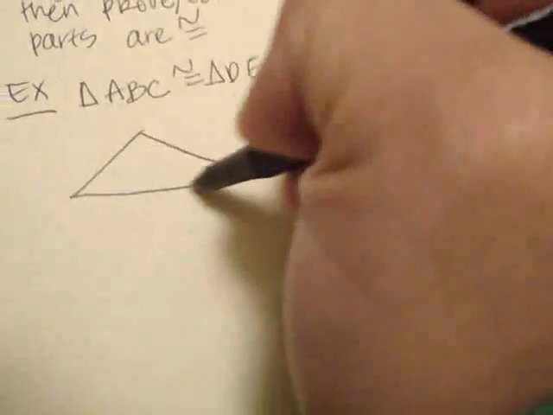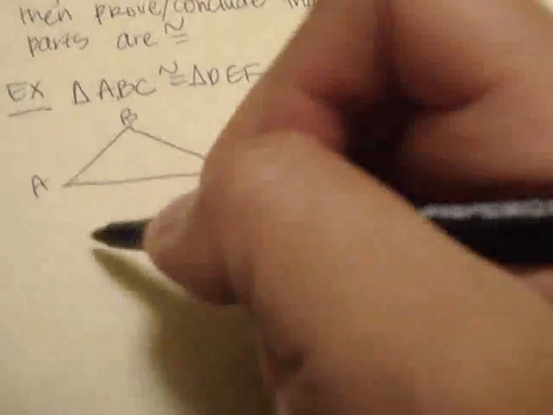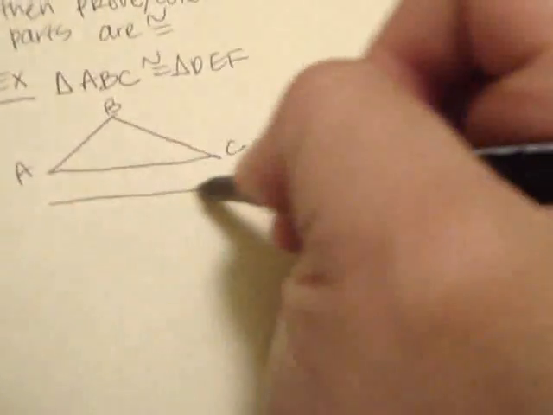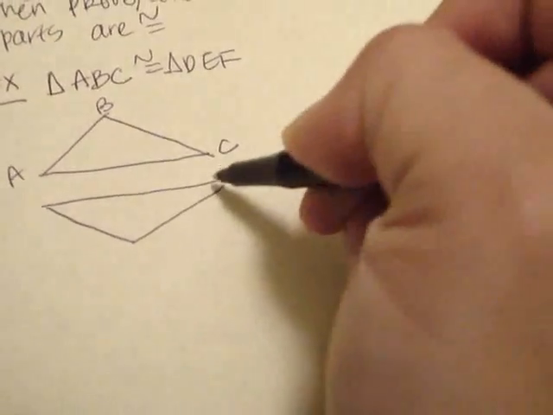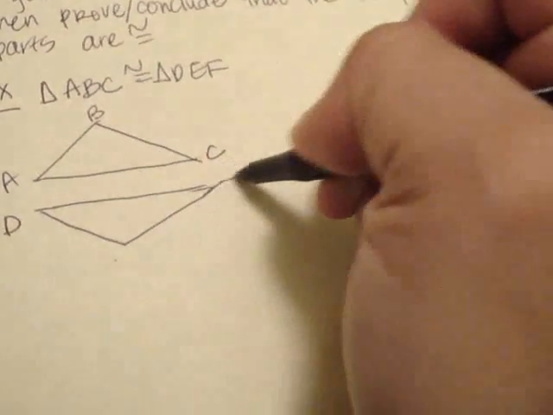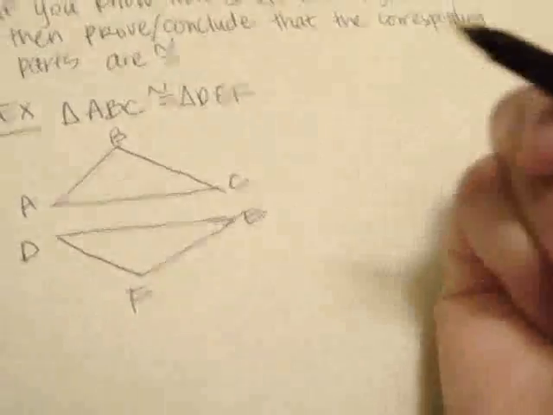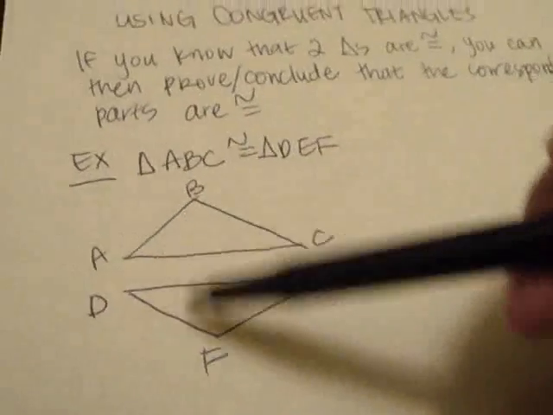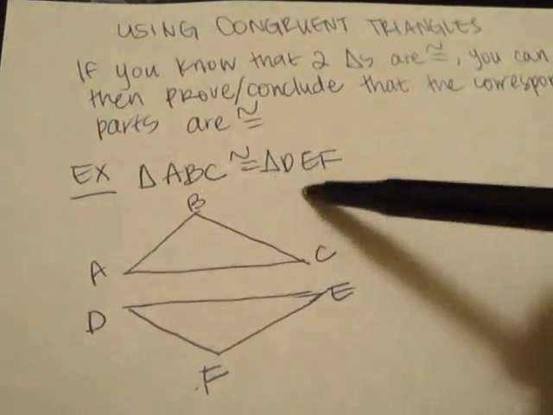And we have our two triangles here. ABC. The other one's kind of flipped. DEF. And we're told that these triangles are congruent and the letters are in this order.